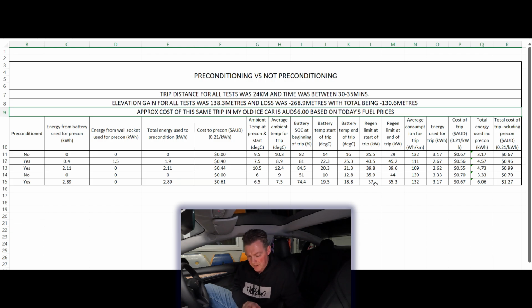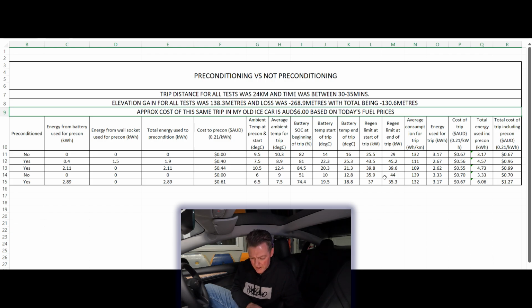Regen does have an effect on the efficiency, but you can see here that I did precondition for this one, and I didn't precondition here. Lower state of charge.